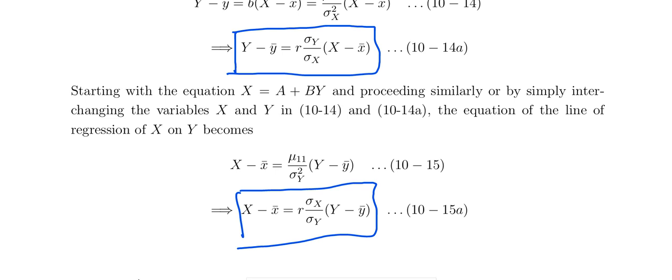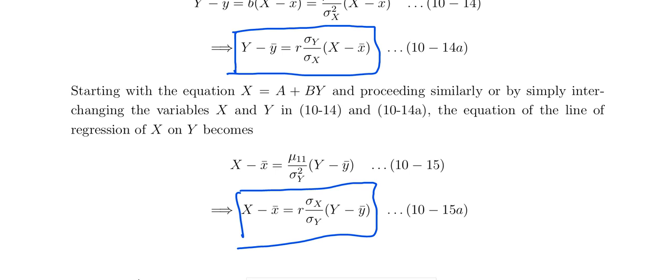So in x minus x bar, sigma x by sigma y comes here. This r is the correlation coefficient, that is rho xy. In y minus y bar, sigma y by sigma x is in the product with the correlation coefficient, that is x minus x bar.